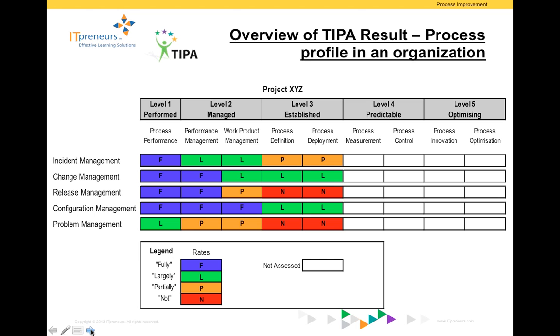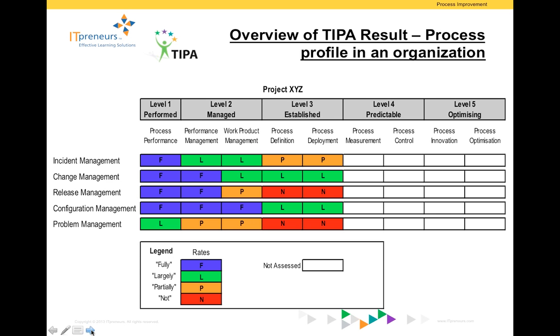When we're talking about level 2, 3, 4, and 5, as you read those titles, you can see that they're a little bit more generic, and these come from ISO 15504. So these are standardized criteria or attributes of any process that should be in place at each of these levels. And these are also criteria that we find in ITIL best practices, but there's just a little bit more definition there coming from the ISO standard.